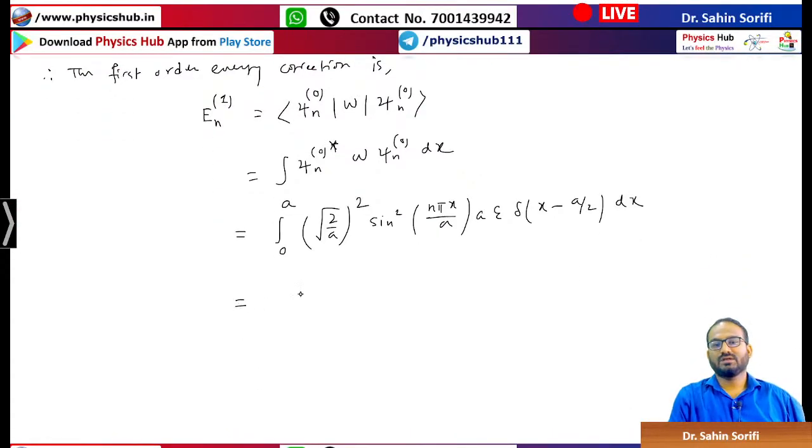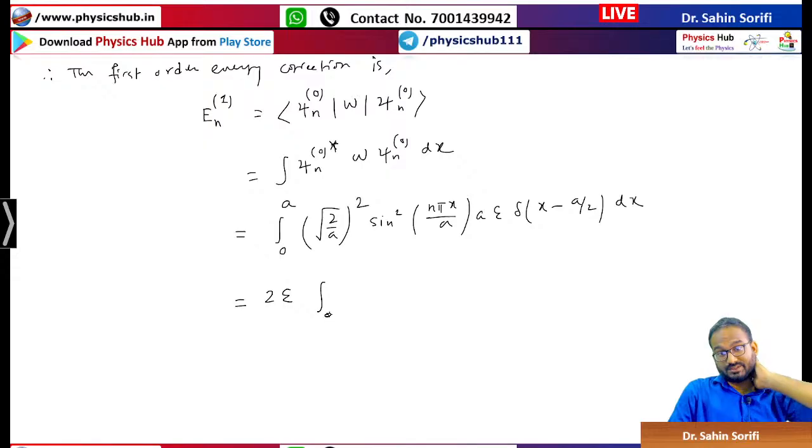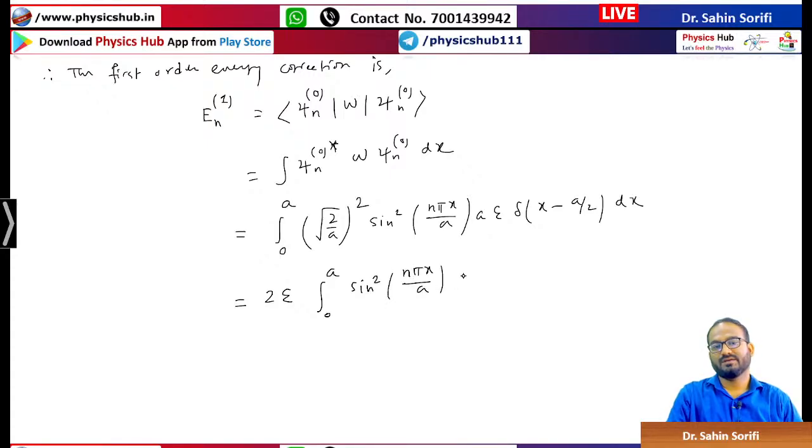So this is nothing but, a is cancelled, so 2 epsilon, integration 0 to a of sine square n pi x by a delta of x minus a by 2 dx.